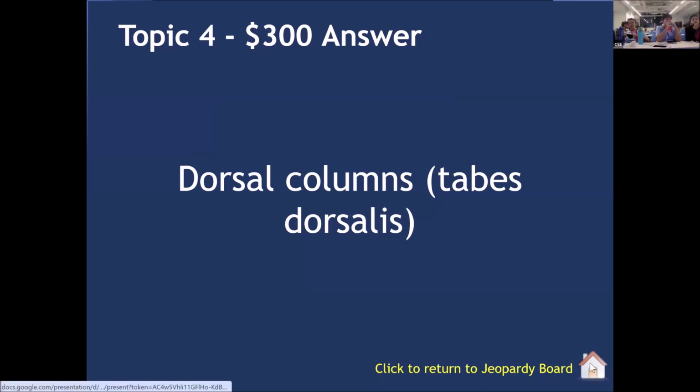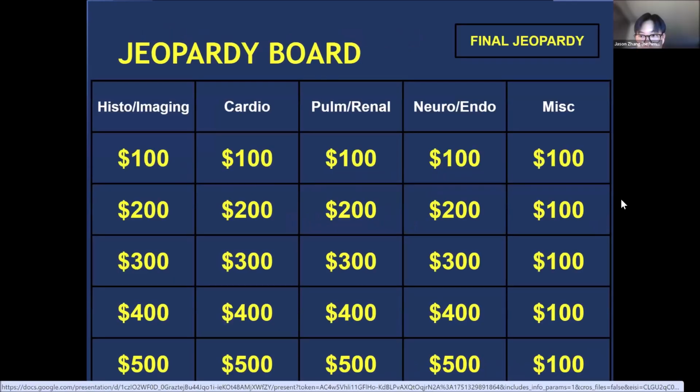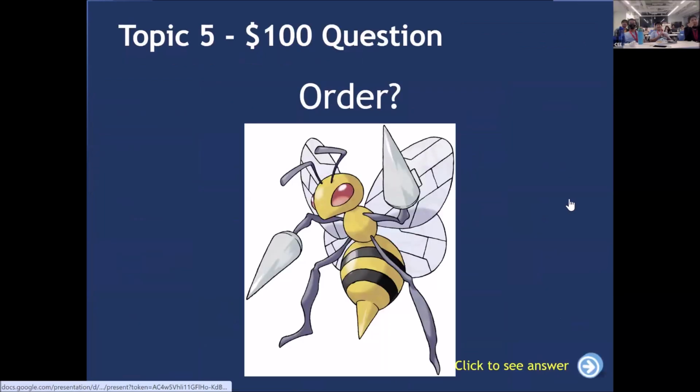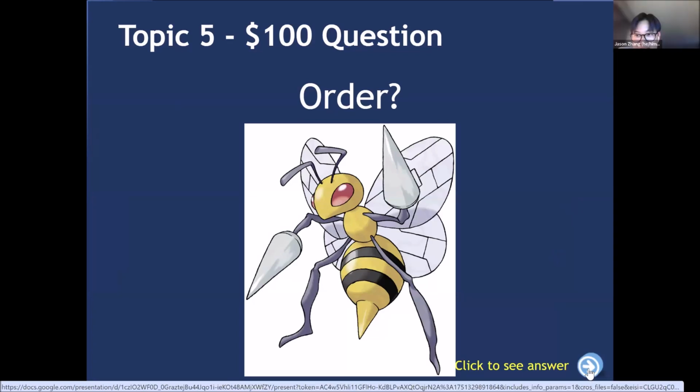Wait, notably, we are kind of shit. Okay, still back row. What category? You want to do Michelin? Okay, miscellaneous for 300. I couldn't see it, it said miscellaneous. Okay, these are not related to anatomy. Hymenoptera.